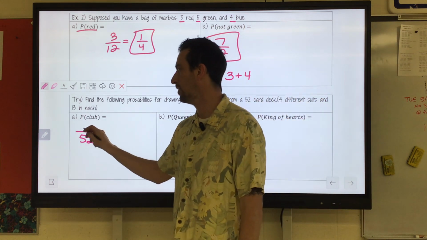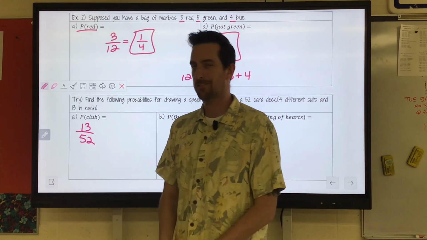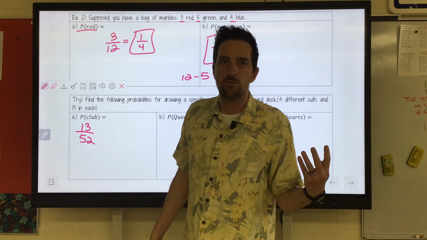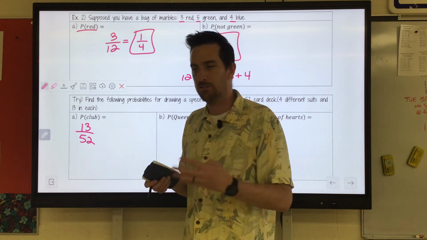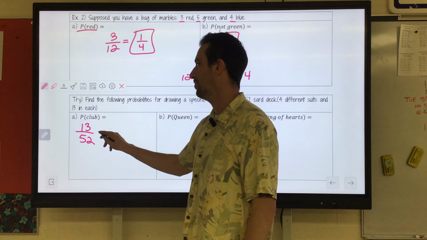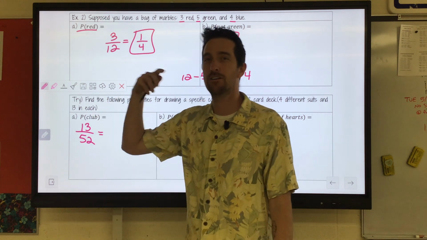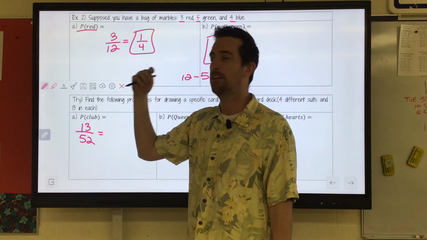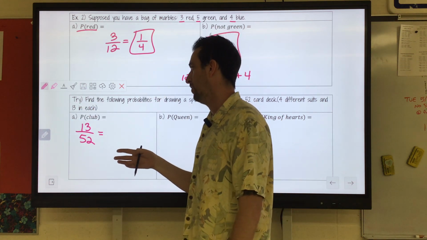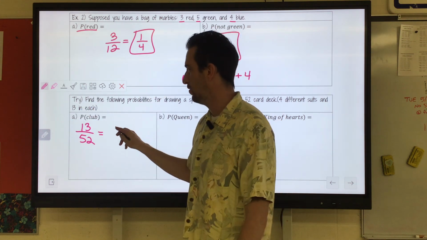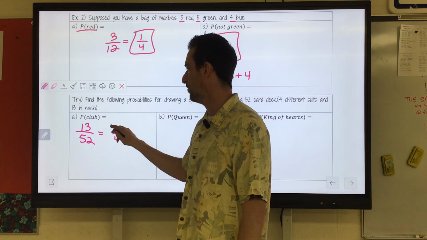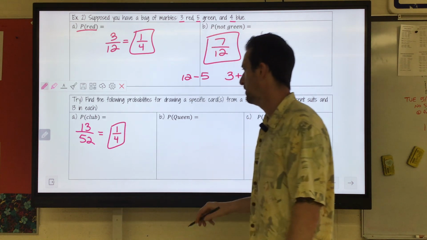So 13 out of the 52. Also, you know there's 4 suits, and they're all the same amount. So a 4th of them are going to be clubs, a 4th are going to be hearts, a 4th of them are going to be spades, and a 4th of them are going to be diamonds. So 13 out of 52 would simplify to 1/4.